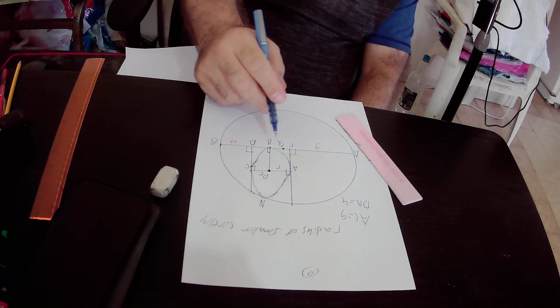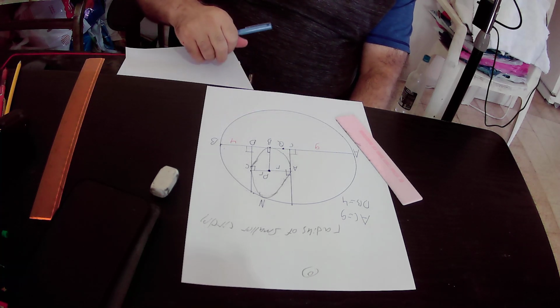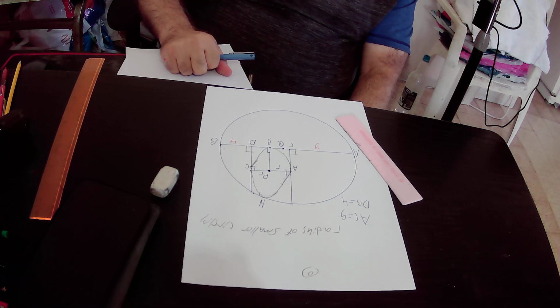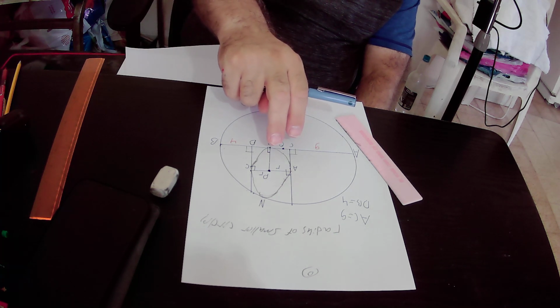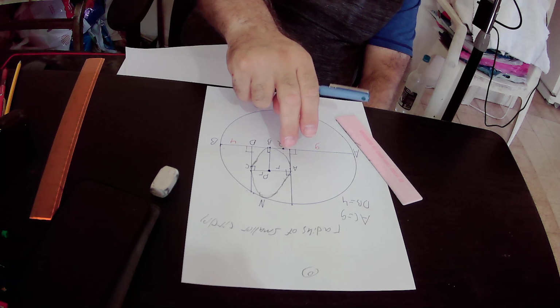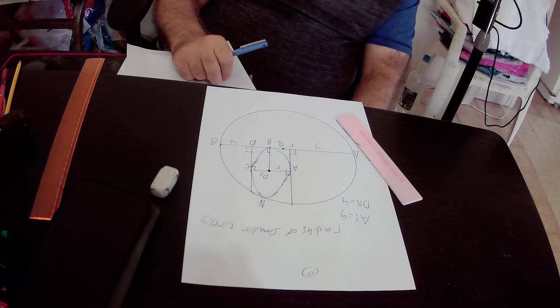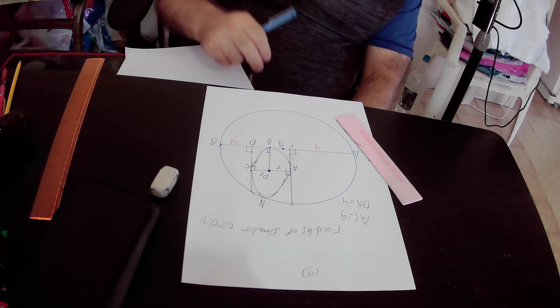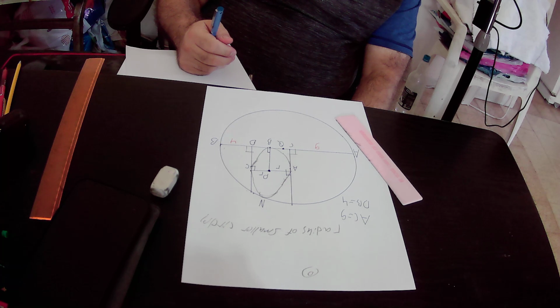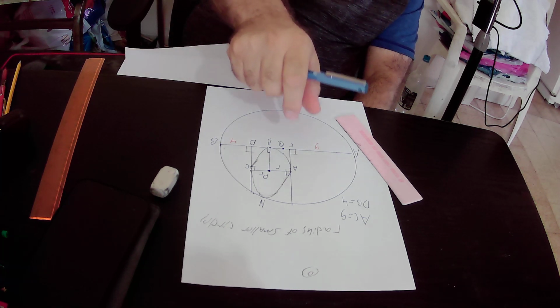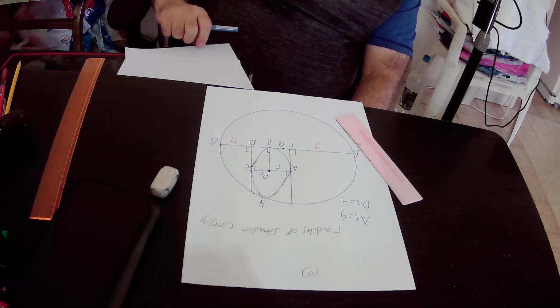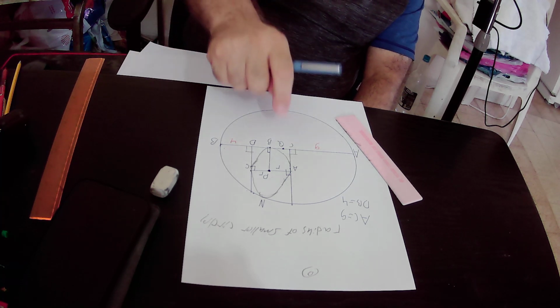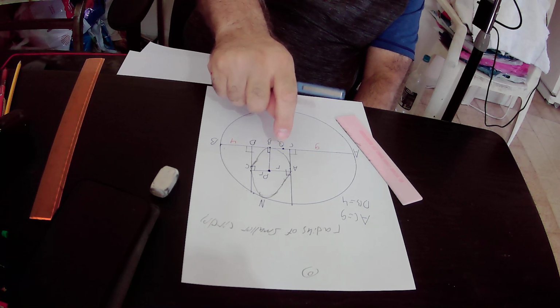And actually in the shape APCB all the angles inside this shape are right angles, and therefore shape APCB is a rectangle, and therefore BC equals AP, and AP equals the radius of the small circle.